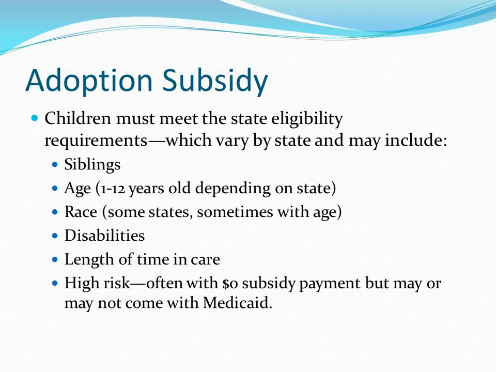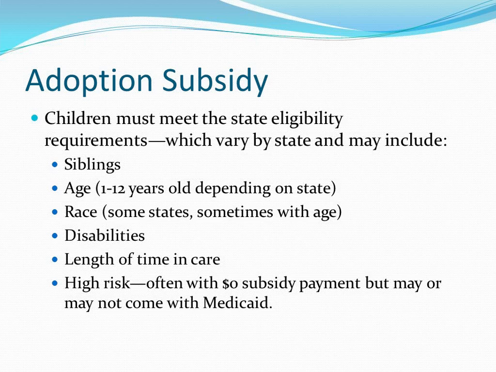And the next one is high risk. Not all states have high risk. Illinois, with their age of 1, does not provide this, but many states have high risk. Some of them have pretty stringent documentation requirements, but not all of them do. The high risk typically will come with $0 in subsidy payment, and it may or may not come with Medicaid.